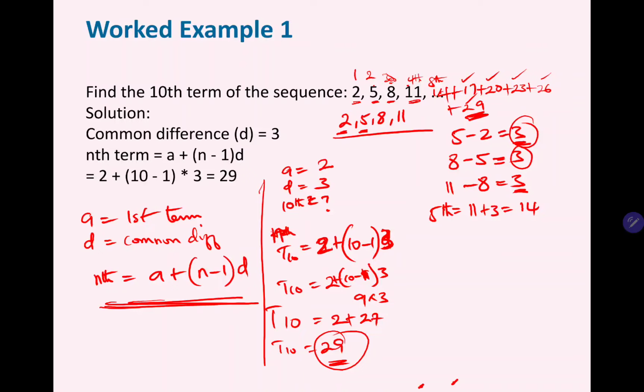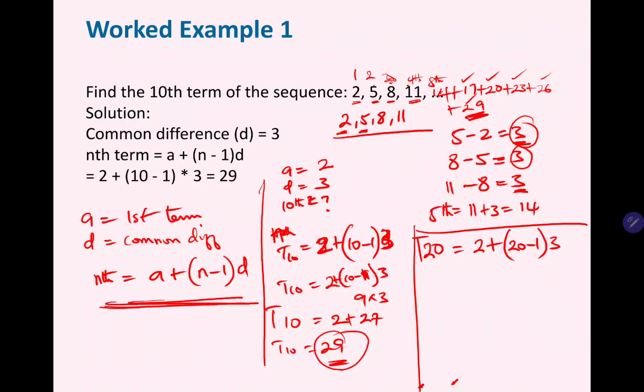All right. For instance, if you are told from this same sequence to derive the 20th term using the same formula, all you have to do is this: the 20th term will be equal to the first term, which is 2, plus 20 minus 1 multiplied by the common difference, which is 3.